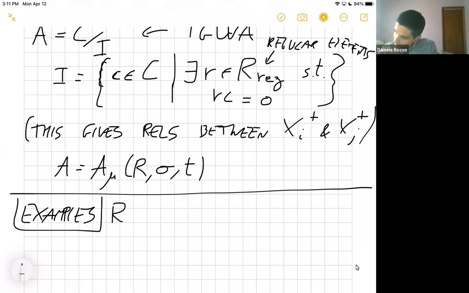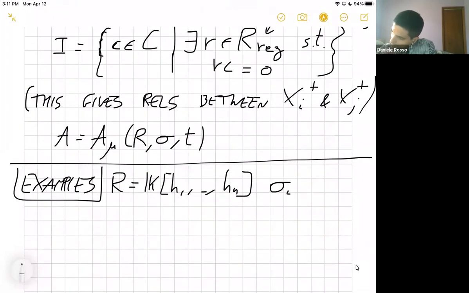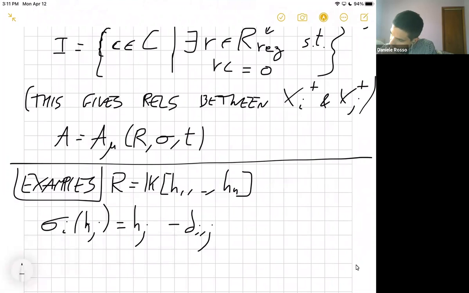So if we take R to be a polynomial ring in n variables, and we take sigma to be the shift, so sigma_i of h_j is h_j minus the Kronecker delta.